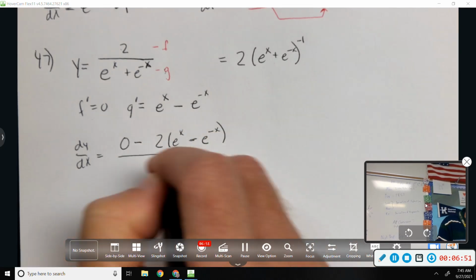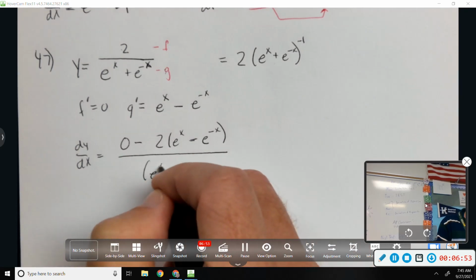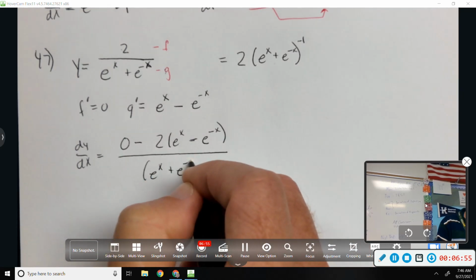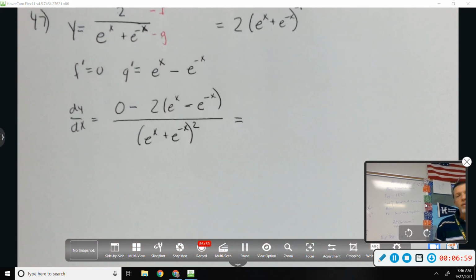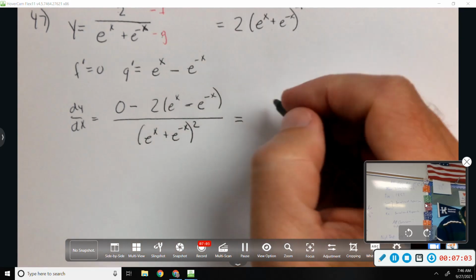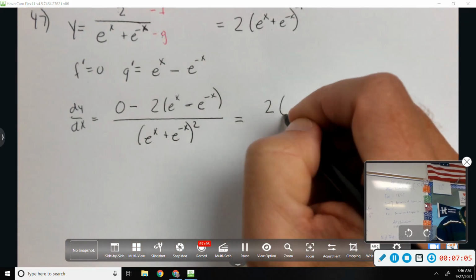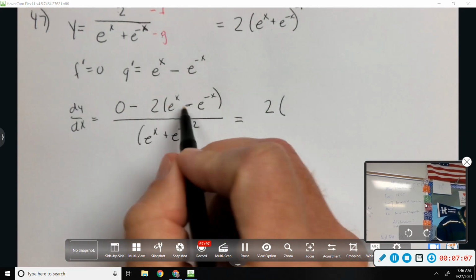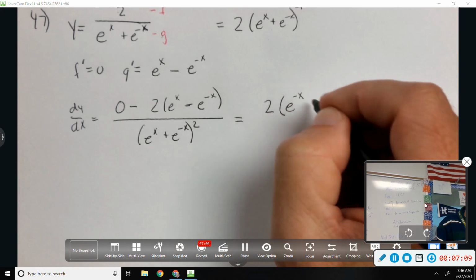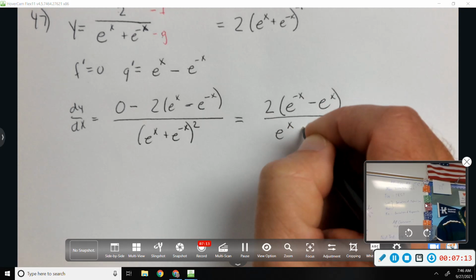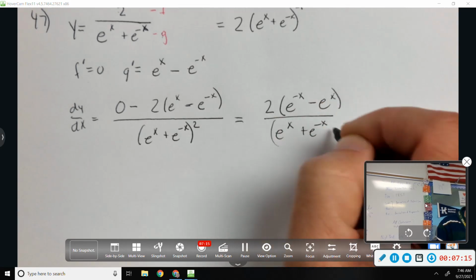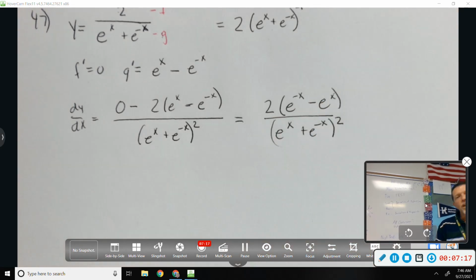We need to be careful. Over g squared. And that would be a safe stop. That would be fine. If we distribute the minus sign, then we could reverse the order of those: e to the negative x minus e to the x, all over e to the x plus e to the negative x, squared. And that looks pretty simplified to me.